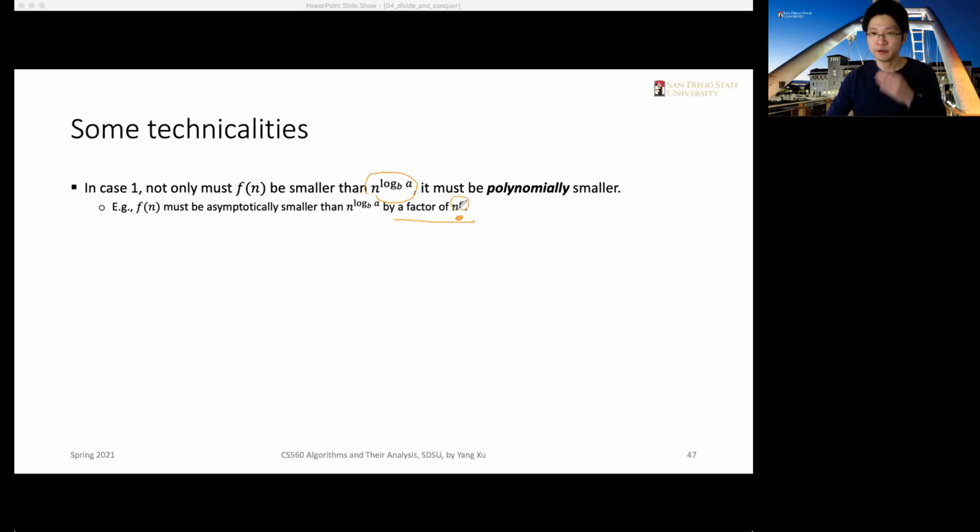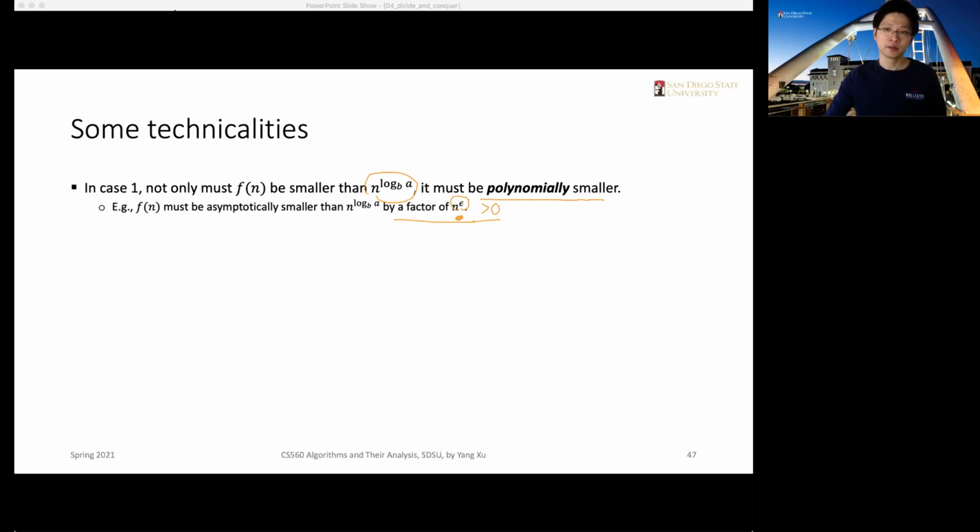This epsilon can be very small, but it should be a positive value. As long as we can find such an epsilon, no matter how small, we can satisfy the condition that f of n is polynomially smaller.